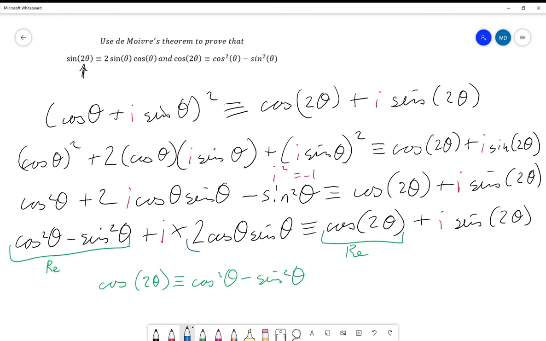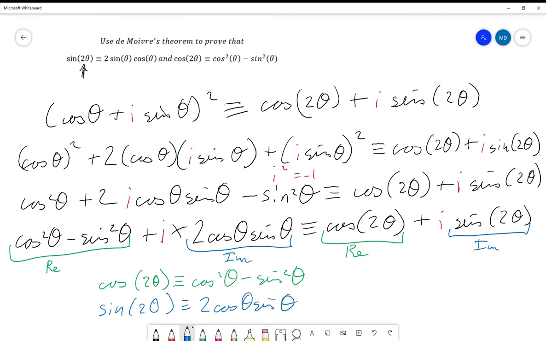And then we want to equate our imaginary parts. That's the bits that are being multiplied by i. And we get, in exactly the same way, sine of 2 theta is equivalent to 2 cosine theta sine theta. And that's just from de Moivre's theorem, and it's proved our double angle formulae in a very nice, easy way using de Moivre's theorem.